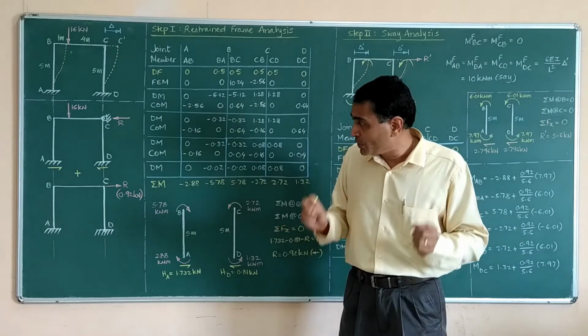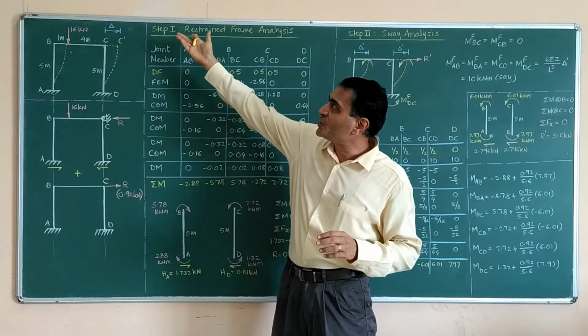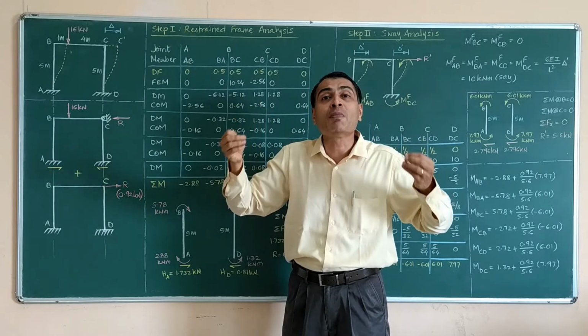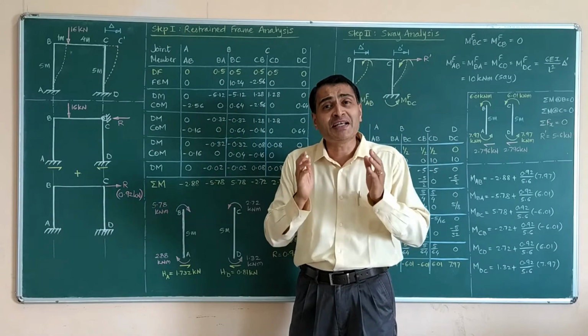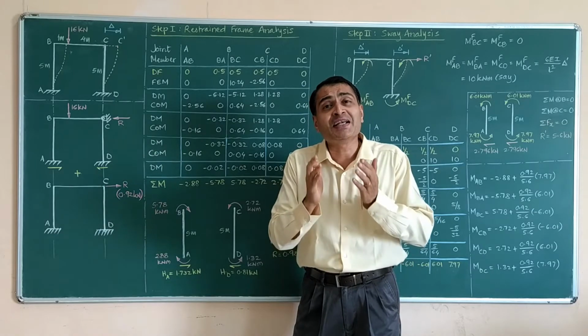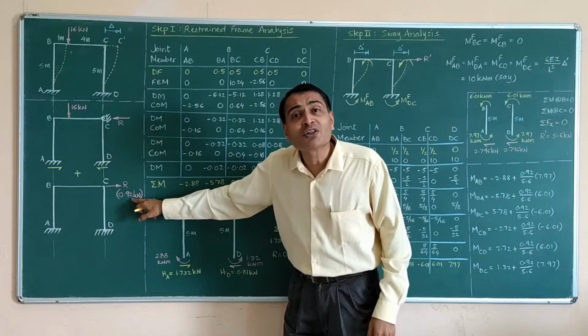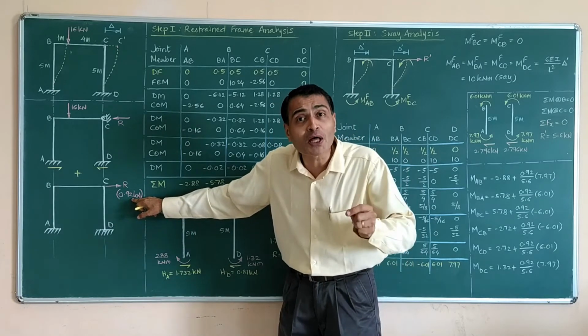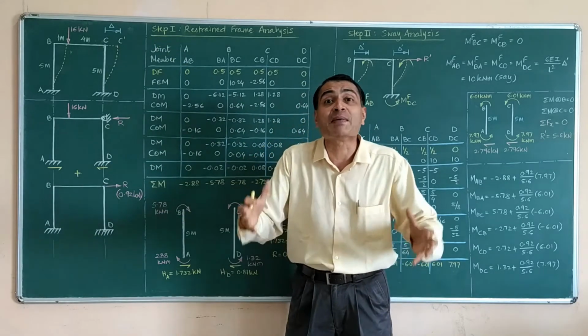Why not? Because we have to now consider the sway, which is, let us say, some amount delta, and we do not have any direct expression relating the 0.92 kilonewton found value to this delta for the entire frame.